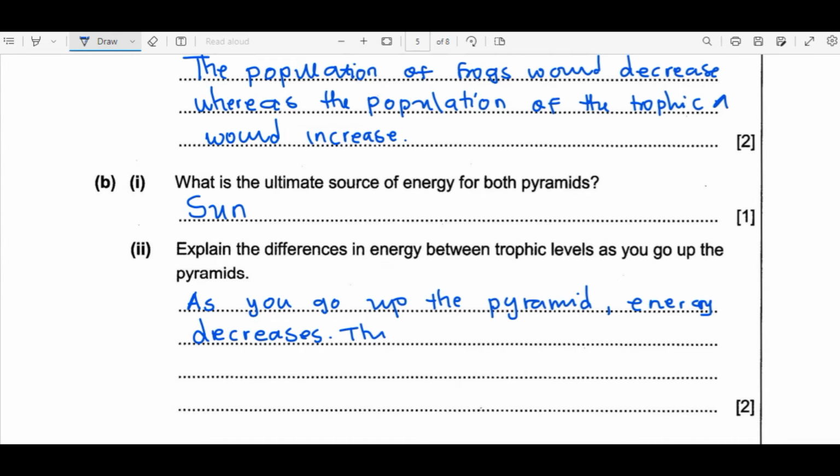This is because energy is lost at each trophic level.